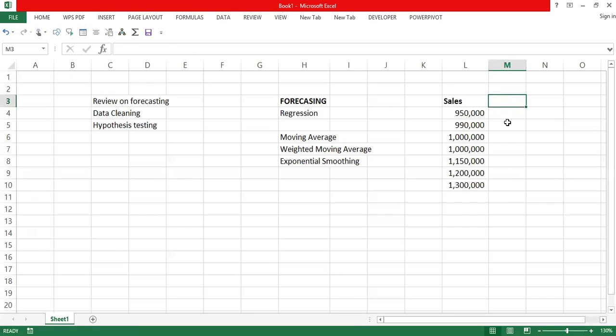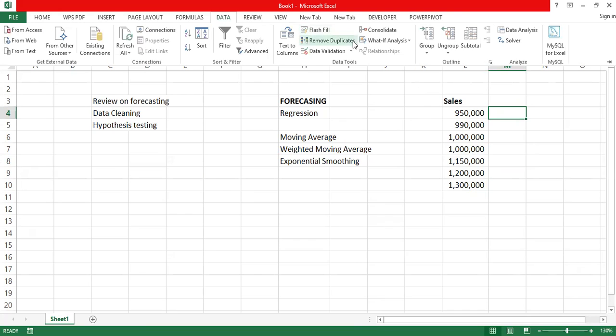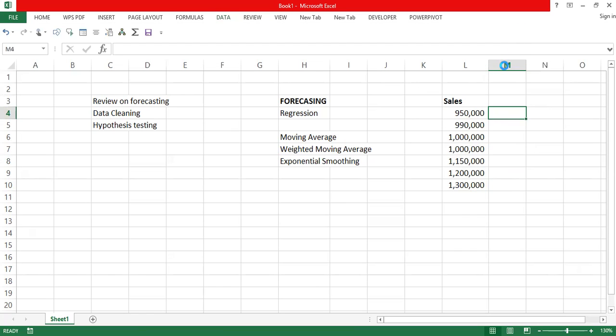So that is that. Now, this exponential smoothing, I don't think we really gave an example of this. Let's just do that now. Let's say we want to use exponential smoothing on this data, for example. Instead of calculating manually, you can use the data analysis tool for your exponential smoothing.